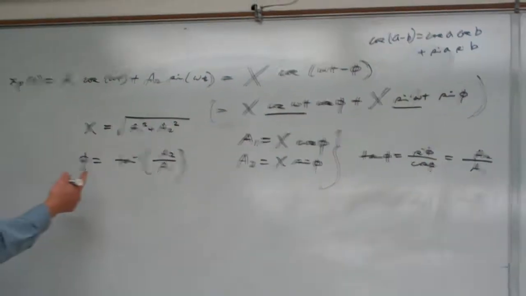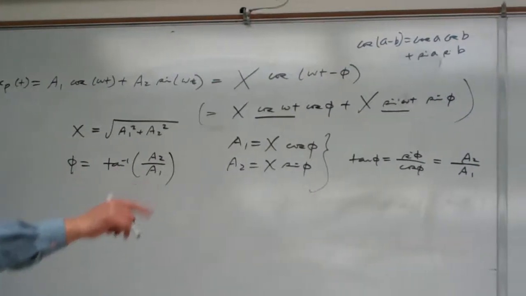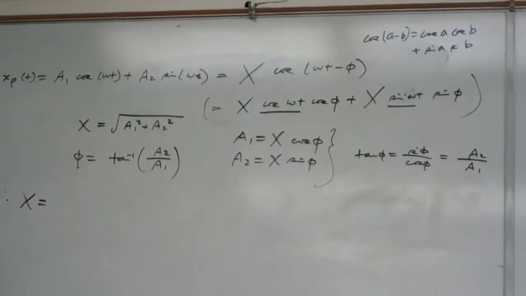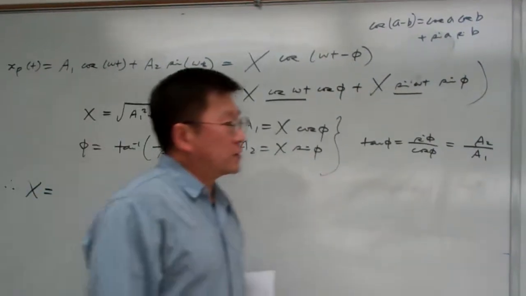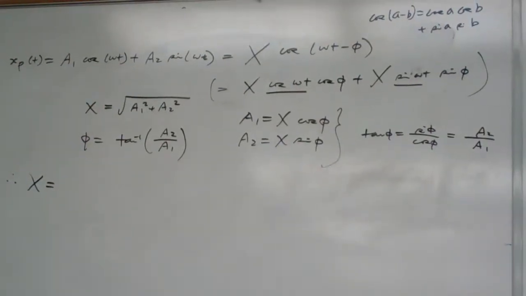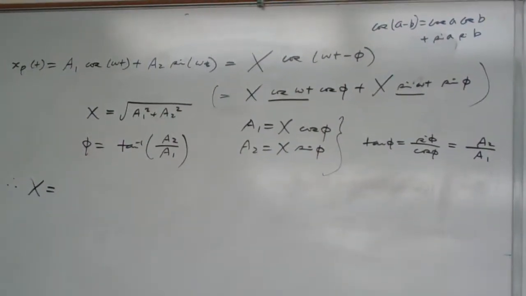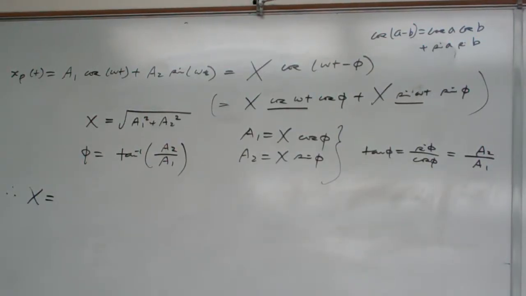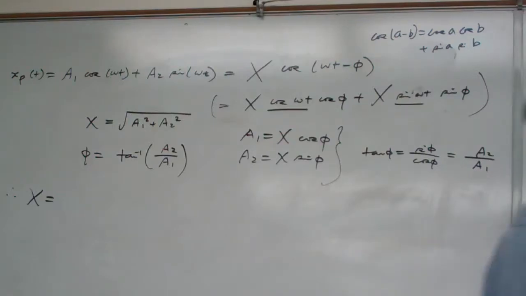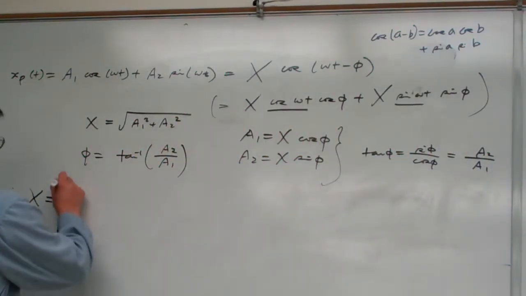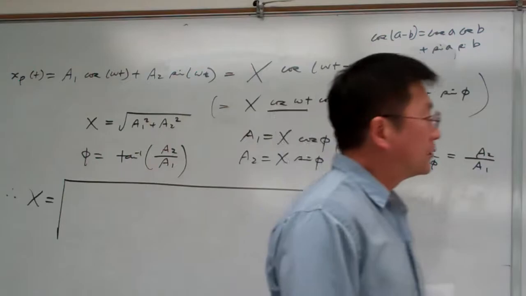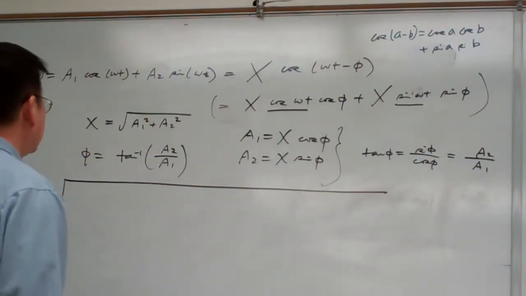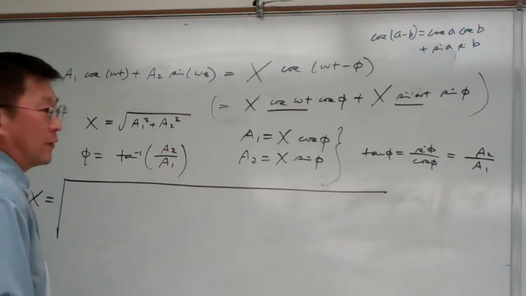Okay, and that should be in this way. So we plug in all the information here. Therefore, we plug in the information: square root of A1 squared and A2 squared. Okay, so we just do it. A1 squared, A2 squared.